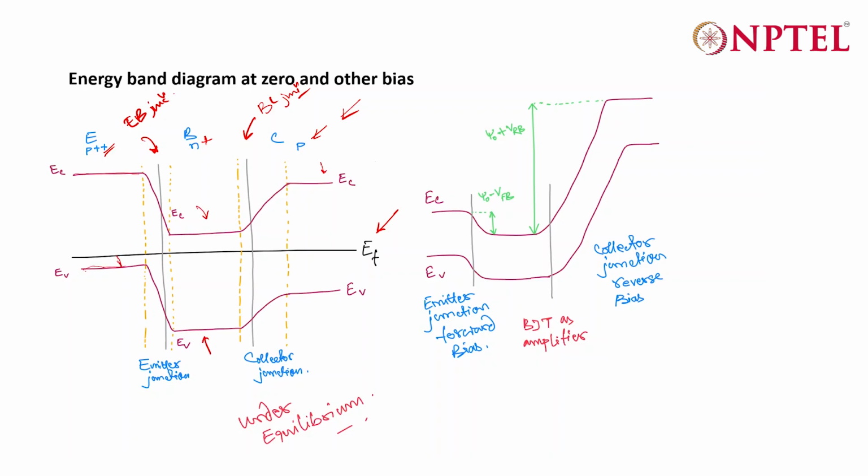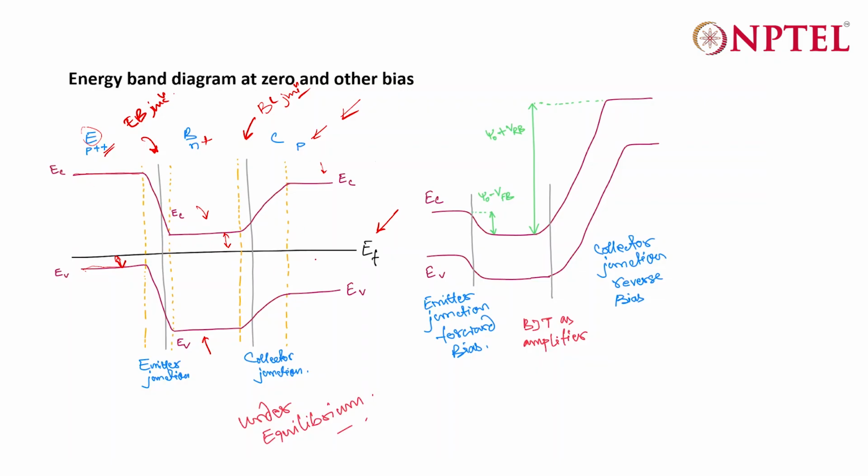Now in this case, what matters is the difference between your EF and EV, right? So the best way to analyze the energy band diagram is to first figure out the difference between EF and EV in case of the emitter, which should be the lowest because the doping level is higher. Then the difference between EC and EF in the base region, which should be a bit higher compared to the emitter.